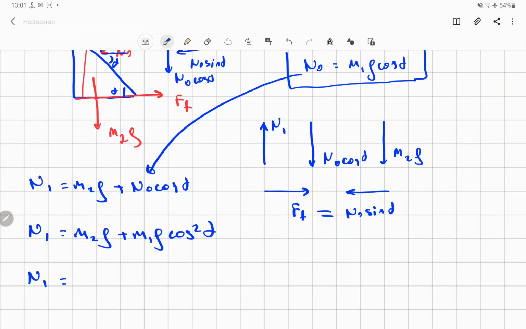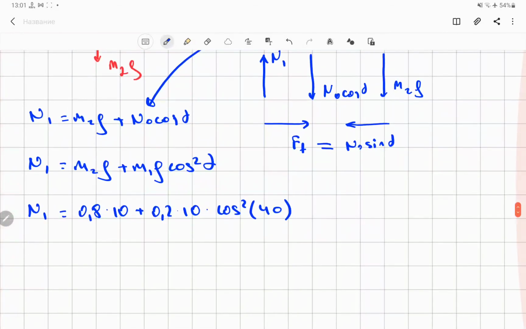M2 is mass of the block, which is 800 grams, which is 0.8 kilogram, gravity approximately 10, mass M1 hamster 200 grams, 0.2 kilogram, 10, and the cosine square 40 degrees. So from here N1 equal to, let's calculate it, 2 times cosine 40 times cosine 40 again plus 8.